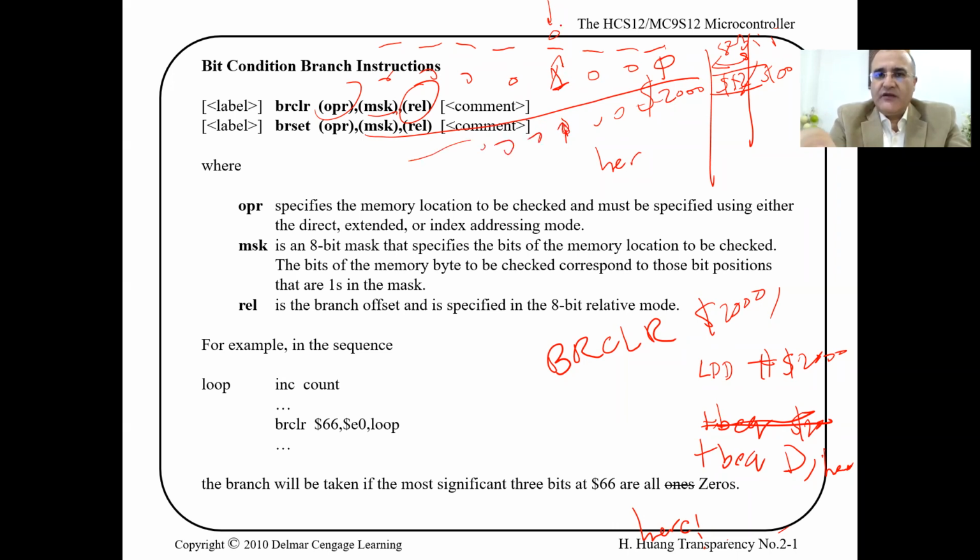Else, if 1 and 1, it will be a 1, and the result will be non-zero. So you provide the mask here, dollar 0 0 0 1 is 8, right? And everything else is zeros. So you branch, here the mask will be $08, comma, to loop.